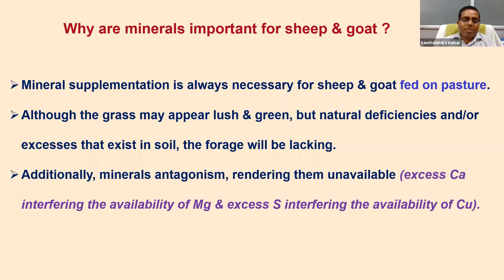So they make those vital minerals unavailable due to antagonism. For example, excess calcium interferes with the availability of magnesium, and excess sulfur interferes with the availability of copper. And we know about the copper, sulfur, and molybdenum interaction, how they affect each other and how animals, especially sheep and goat, are affected by the interaction and antagonism of those vital minerals.